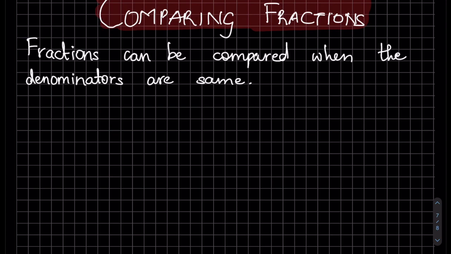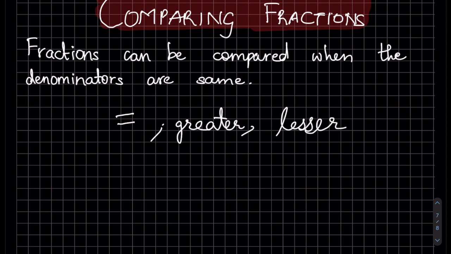Now let us see how we can do comparing of fractions. Comparing of fractions means we look at the fractions and we tell whether they are equal or greater or lesser.